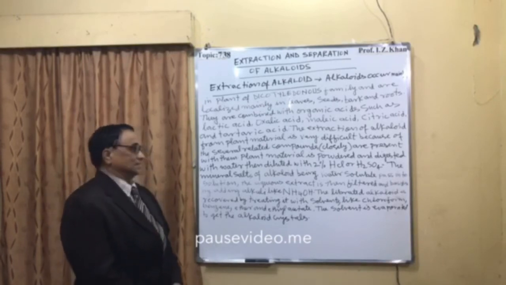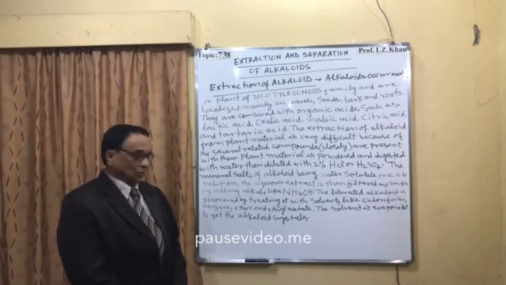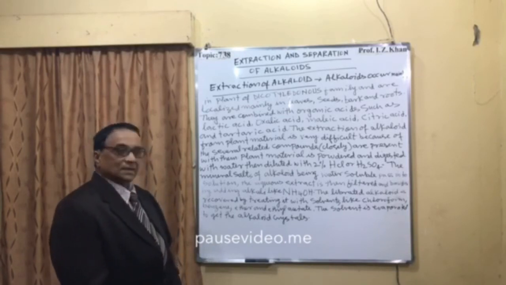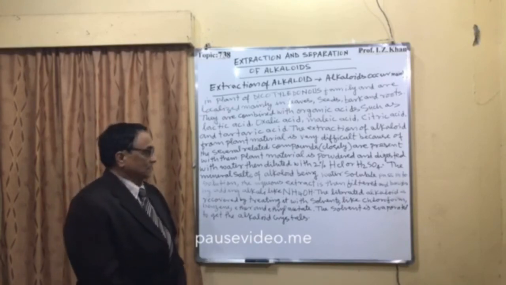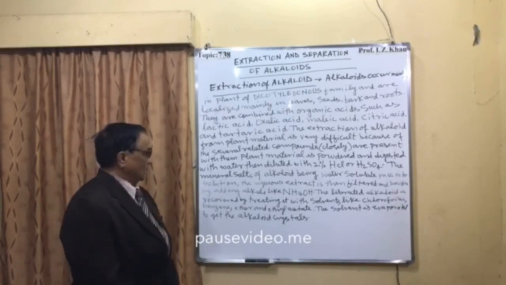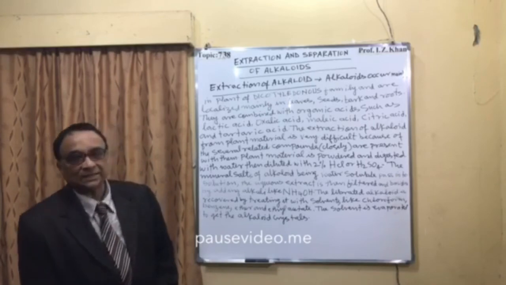Out of these, the best solvent is chloroform. After the recovery of chloroform, the solvent is evaporated, and then we will get the crystals of alkaloid.